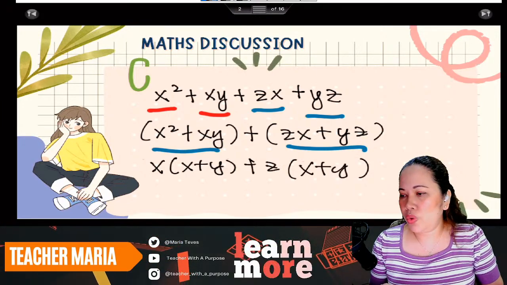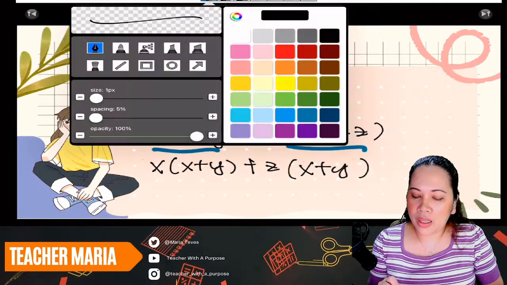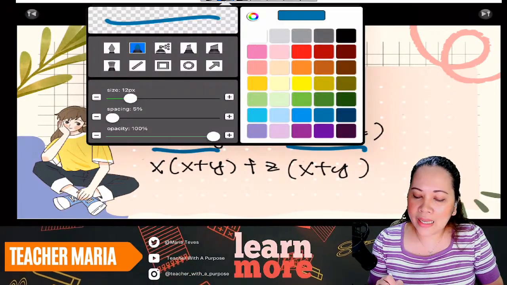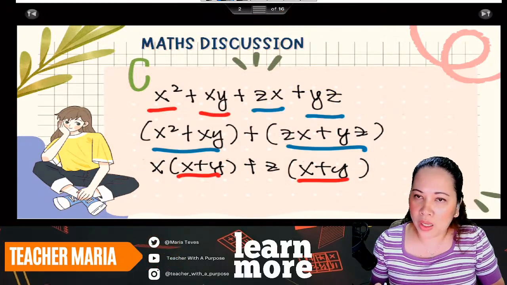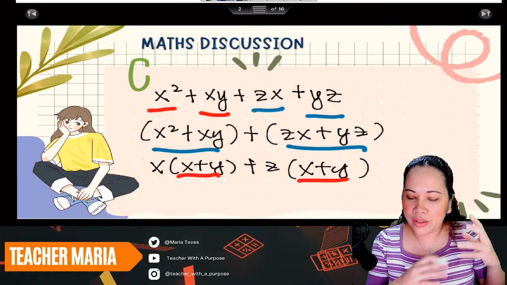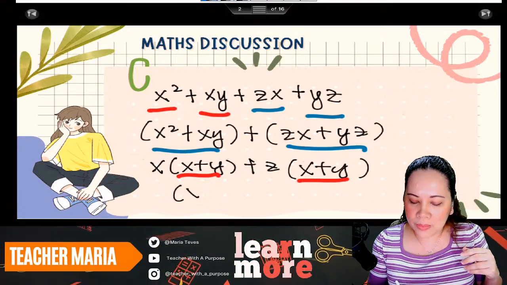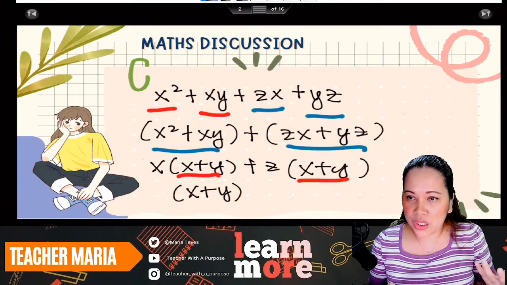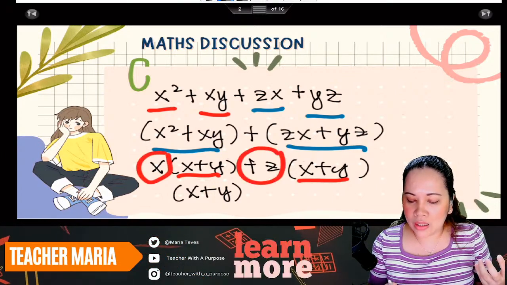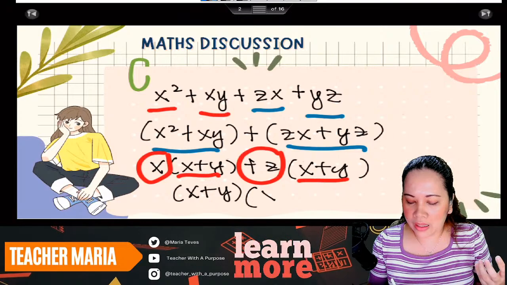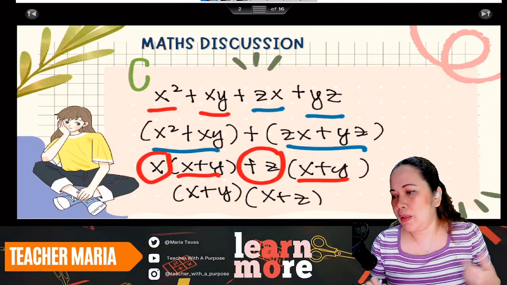Now, if you notice, you have here the same group, x plus y, x plus y. So then you can factor that out. So you will have x plus y, which is common between the two. And then what is left is x and z. So you factor x plus z.